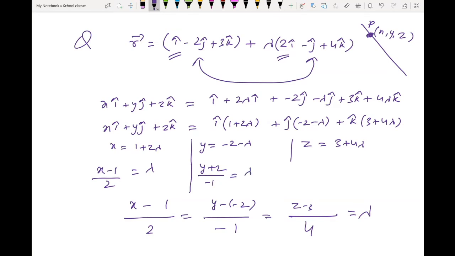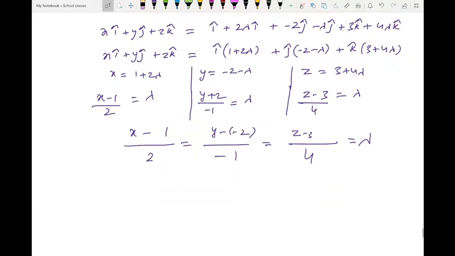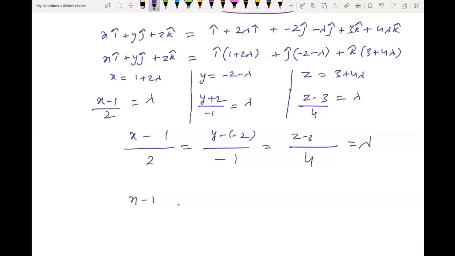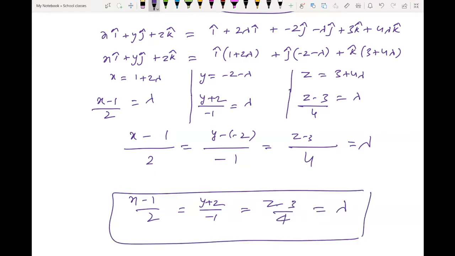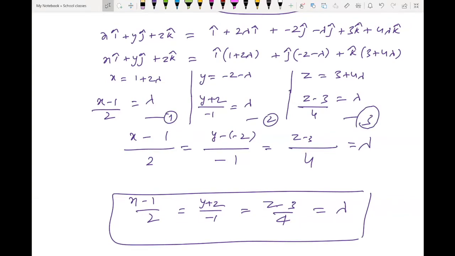And z minus 3 equals 4 lambda, isn't it? So from these three equations, you can write x minus 1 by 2, y plus 2 by minus 1, z minus 3 by 4. They all are the values of lambda, so they are all equal to lambda, isn't it? See, this is first, this is second, this is third, and you got this. Is there any doubt to anyone?